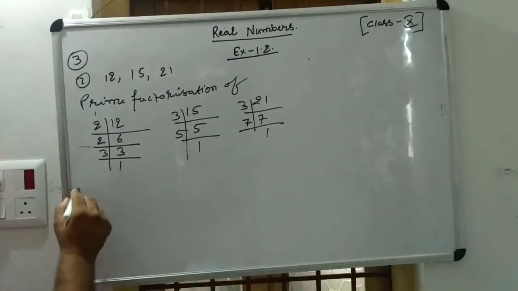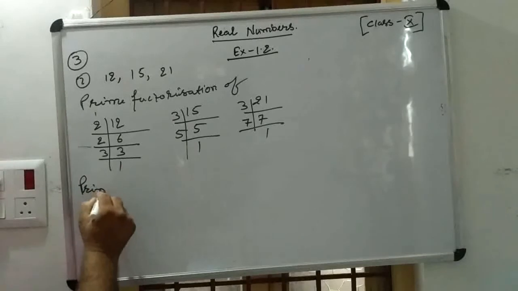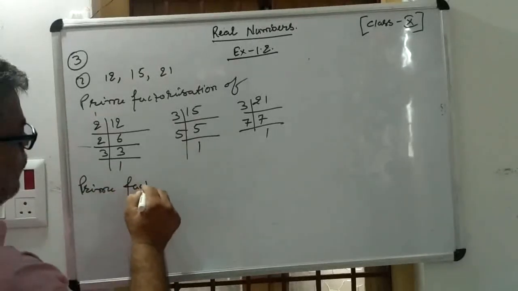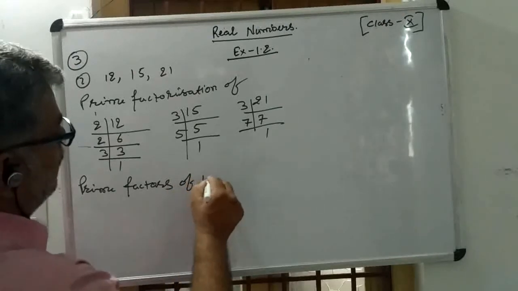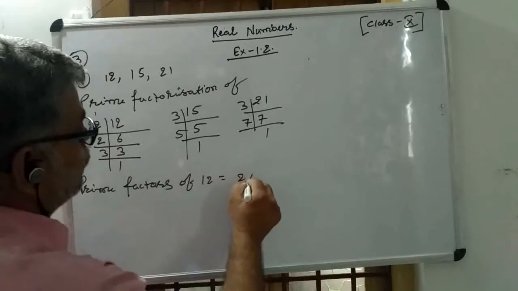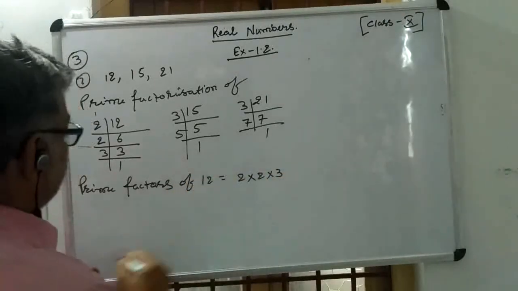So prime factors of 12 equal 2 into 2 into 3.